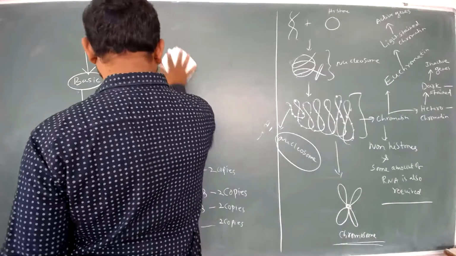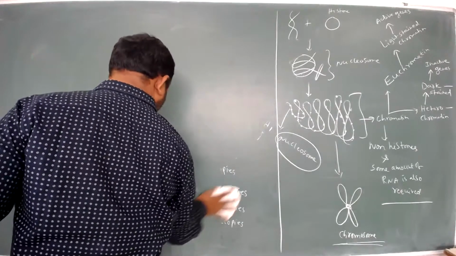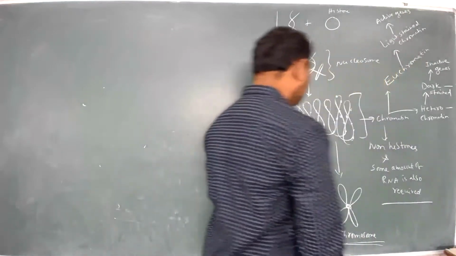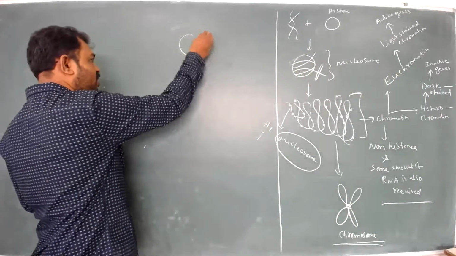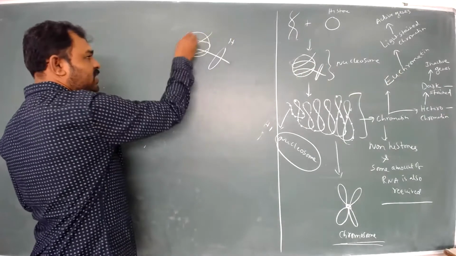In each nucleosome, how many nucleotide base pairs are there? 200. If you observe this nucleosome, here is the H1, and here is the DNA.